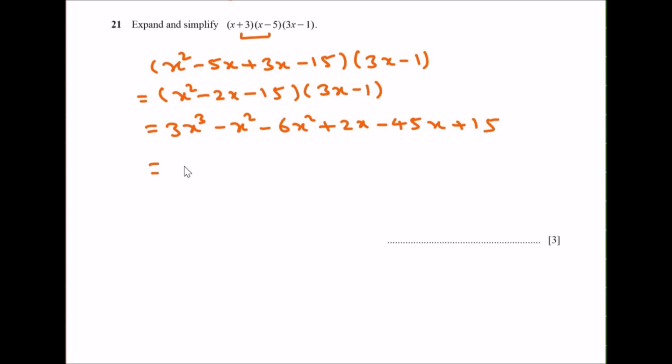If you simplify this, we get 3x cube minus 7x square, combining the like terms, then minus 43x plus 15. So this is our answer. So we are done with this.